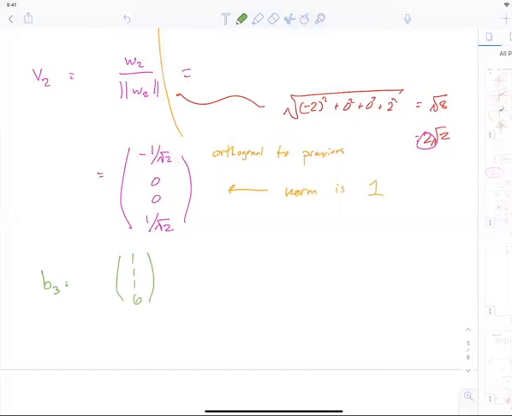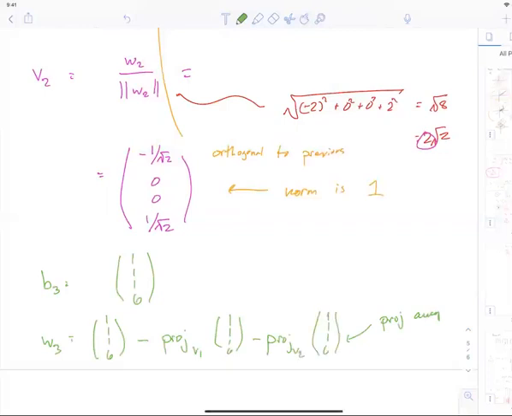And what we're going to do is we want to project away the previous ones. So we're going to project 1, 1, 1, 6 onto V1 and also project away onto V2.